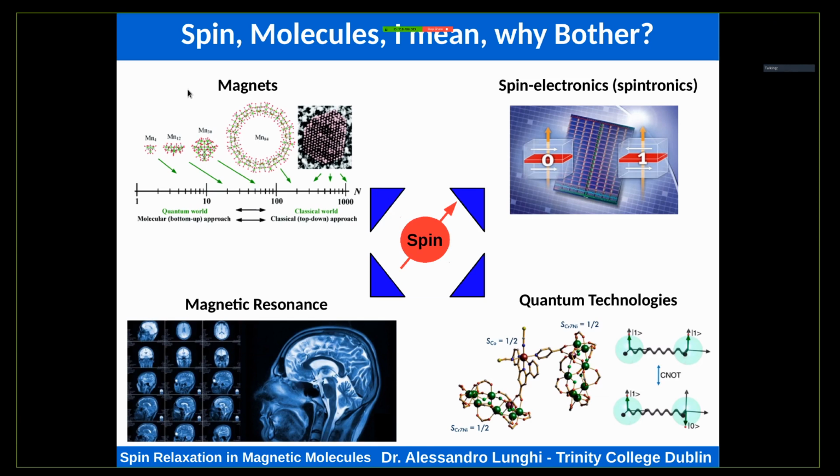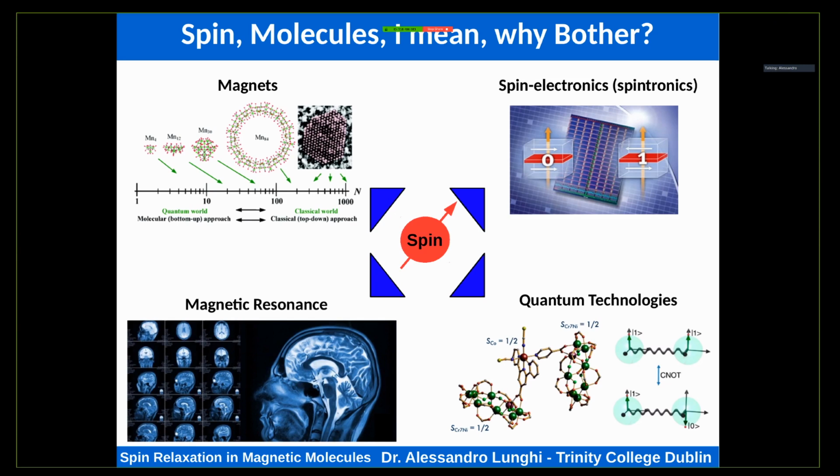If you think about bulk iron, the magnetic properties of iron come from the fact that there is spin in the electron. And the same is true if you start shrinking the size of magnets: if you have nanoparticles or paramagnetic molecules, all the properties still come from the fact that the electron bears a spin.